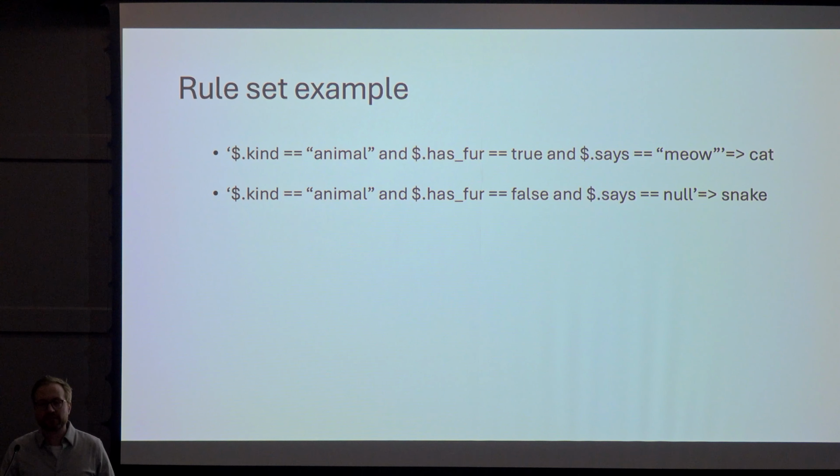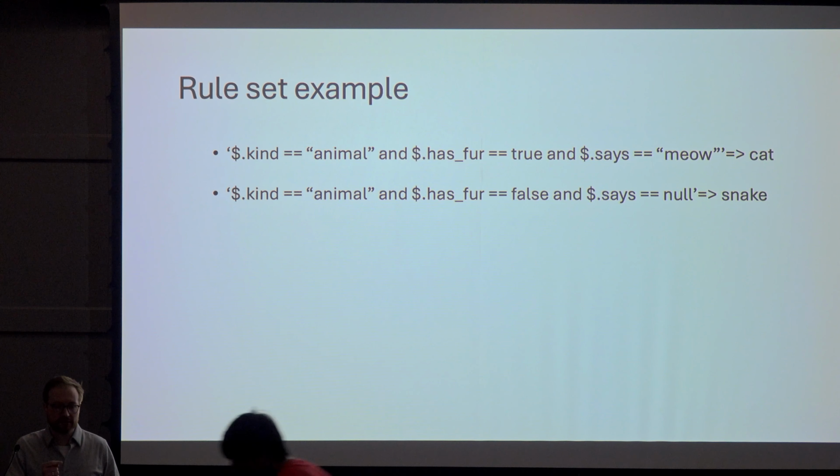So then we can design a simple set of rules. For example, the first rule will look into the object, and the $ sign means it's a JSON path expression, a JSON path query. So it takes the field called kind and checks if it's equal to the string animal, right? Then we decide it's an animal. There is a second condition to check if it has fur, and if it says meow, then we can believe for some reason that it's a cat.